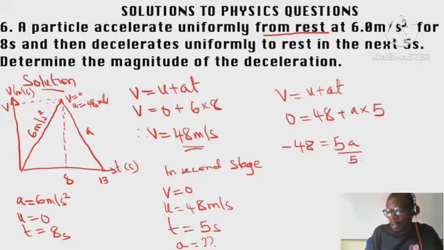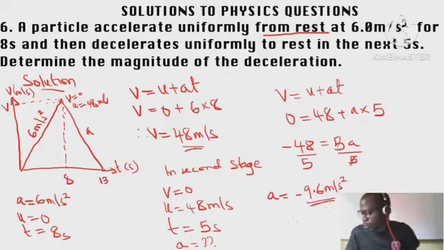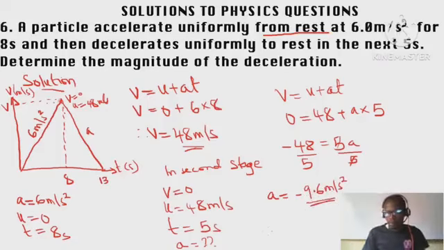Divide both sides by 5. So 5 cancels 5. So our deceleration is equal to minus 48 over 5. That's 9.6 meters per second square. So that's how we calculate the deceleration, as minus 9.6 meters per second square.